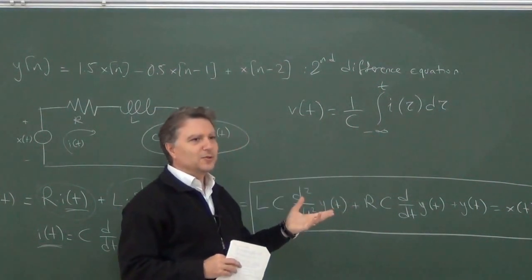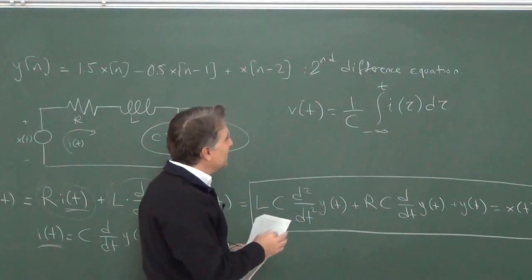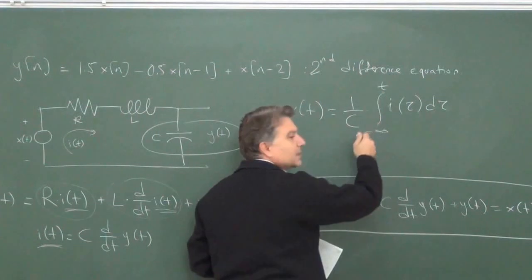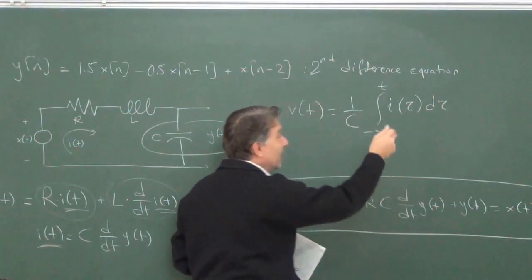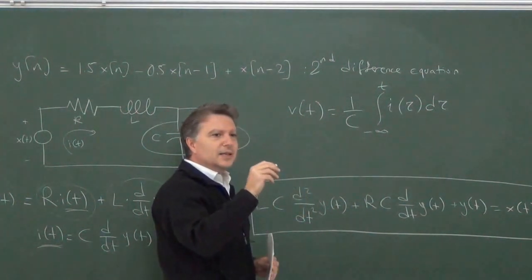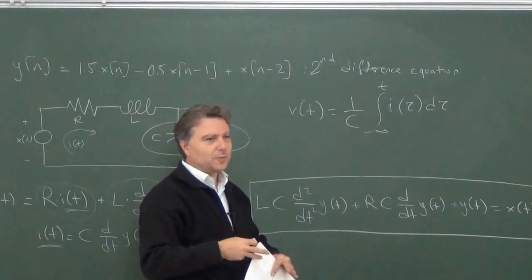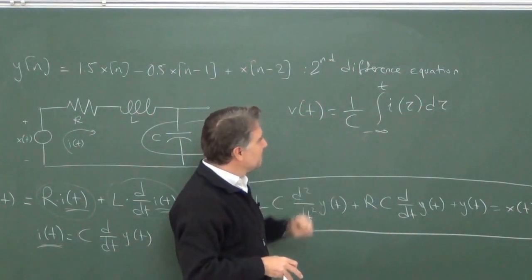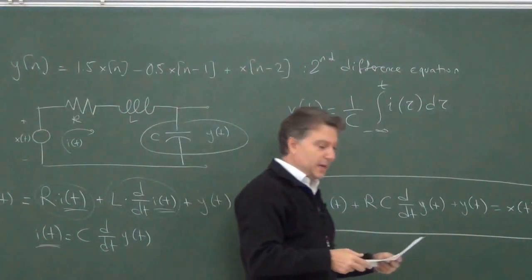Who would know what happened in the beginning of the capacitor? So instead, you may say that it is from some starting time, let's say 0 to t, i of tau d tau, plus the initial voltage across the capacitor, the starting point. That's also possible, but it doesn't change the idea. This is an accumulator, and it is a system example with memory.